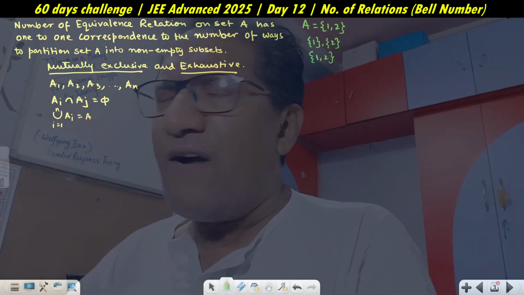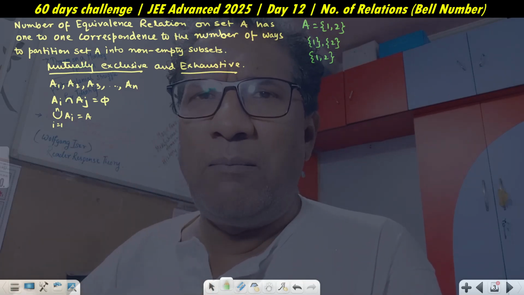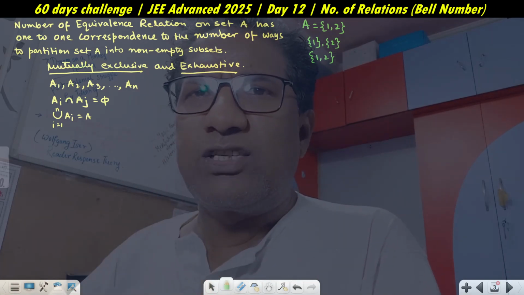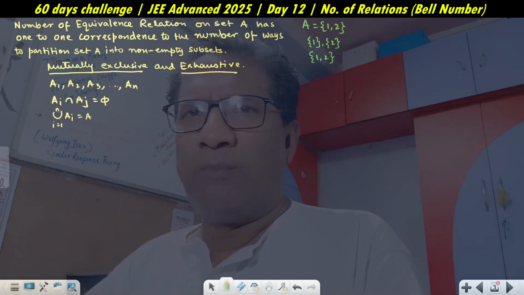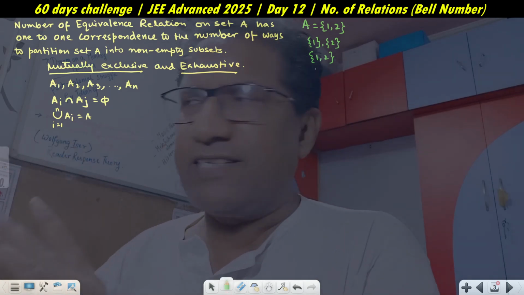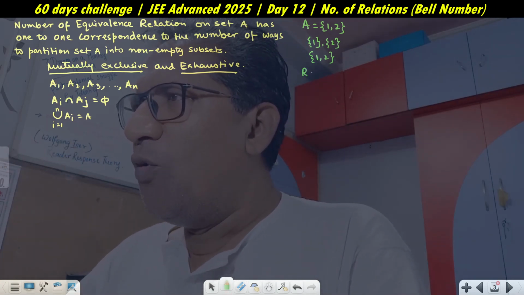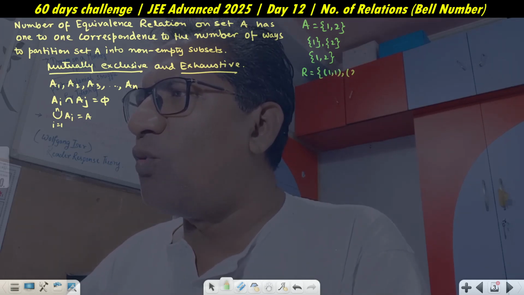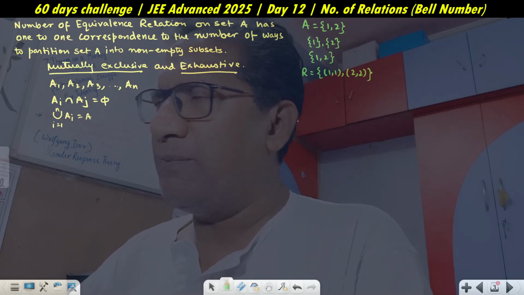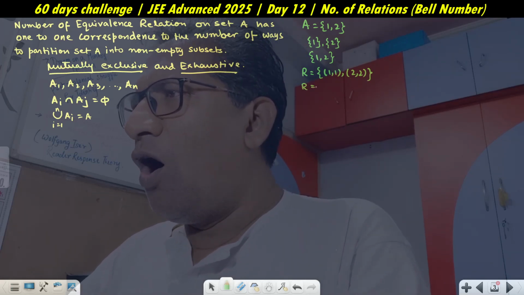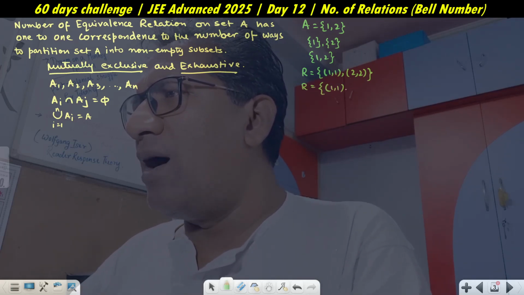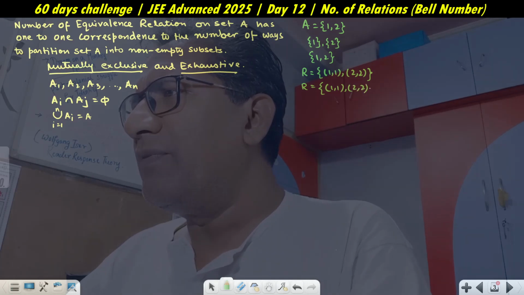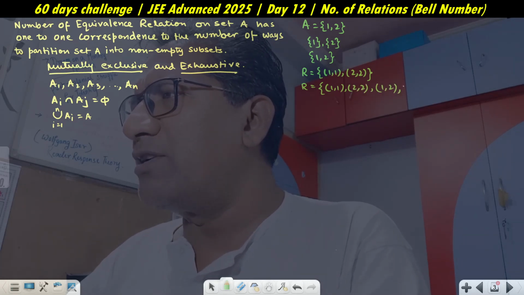Now let us verify the maximum number of equivalence relations that can be formed on this set. One equivalence relation can have only the elements (1, 1) and (2, 2). Or it can have (1, 1) and (2, 2), and at the same time (1, 2) and (2, 1) are also there.